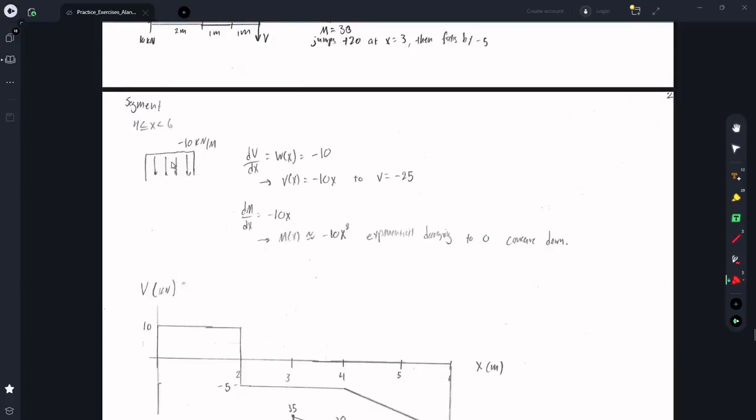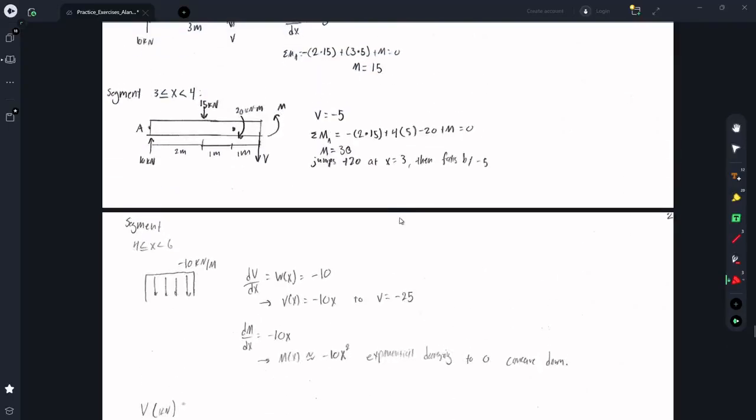Finally, for the last segment, we don't even need to do anything, really. The derivative of the shear force is the distributed load in kilonewtons per meter. Because that's -10, we know the shear is going to be the integral of this, and the integral of -10 is -10x.